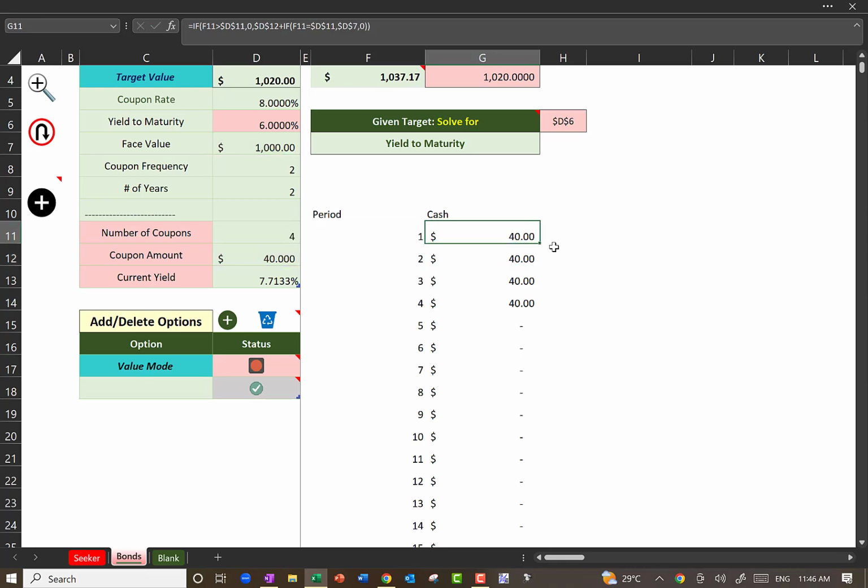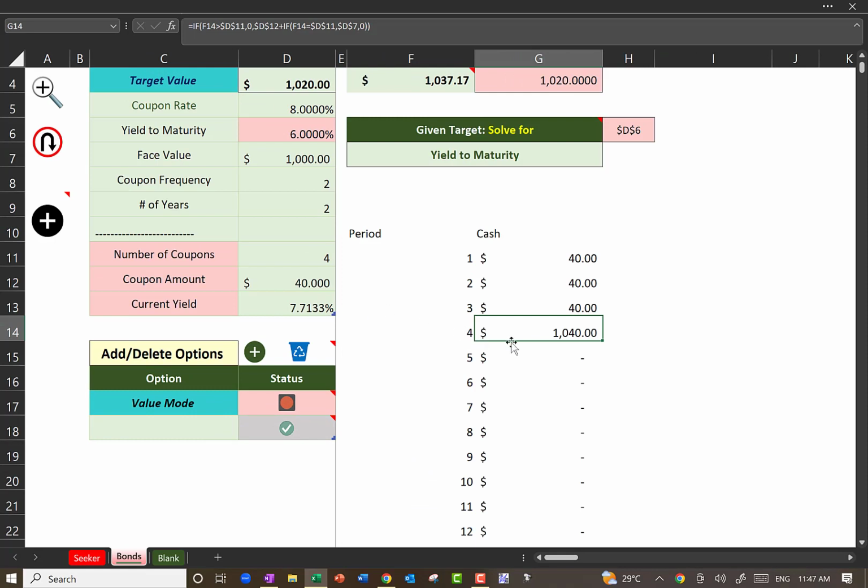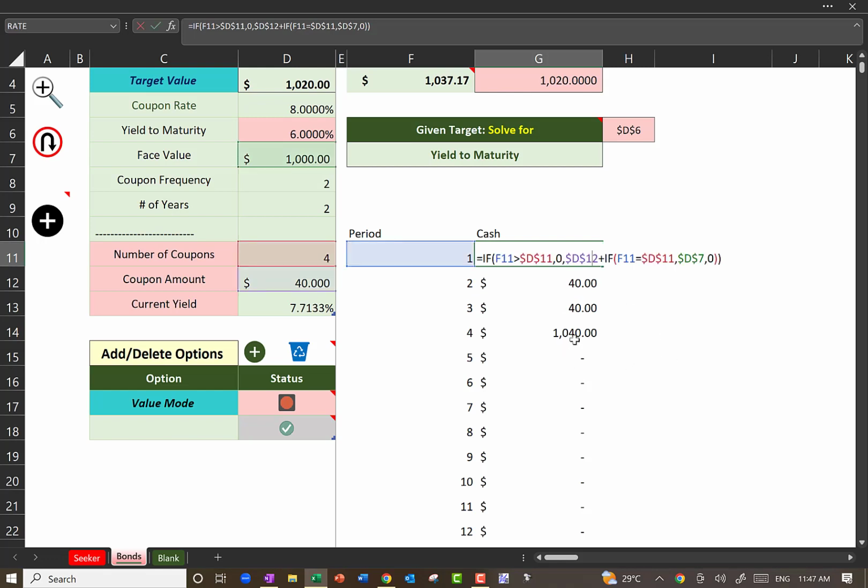Anything that refers to cells that should remain the same when I copy and paste, I put a dollar in front of row and column references, also known as absolute references. But anything that refers to period, it's going to change.